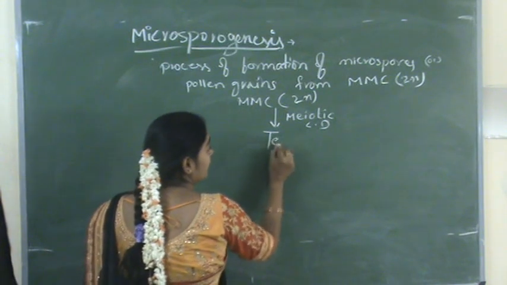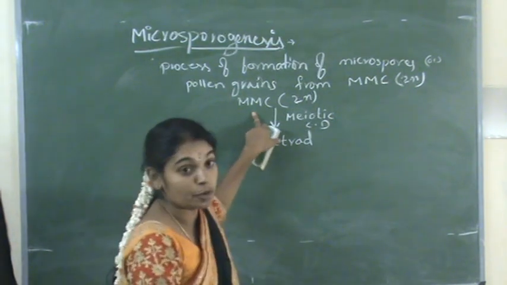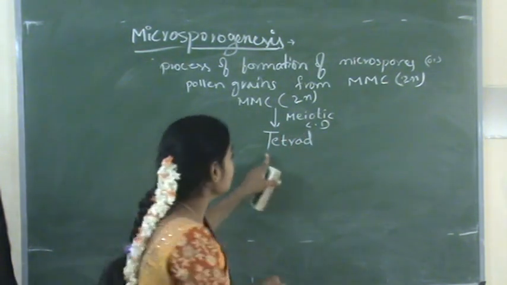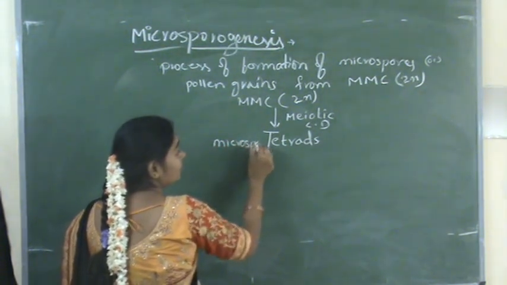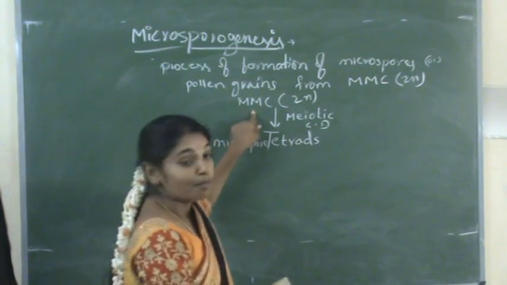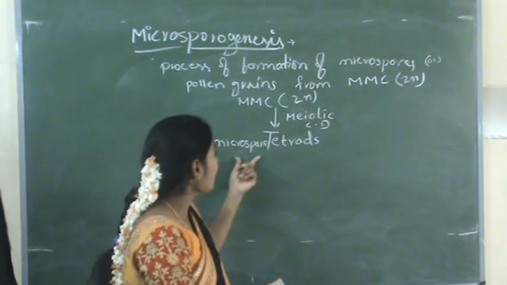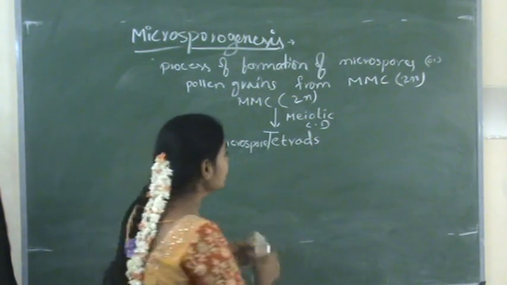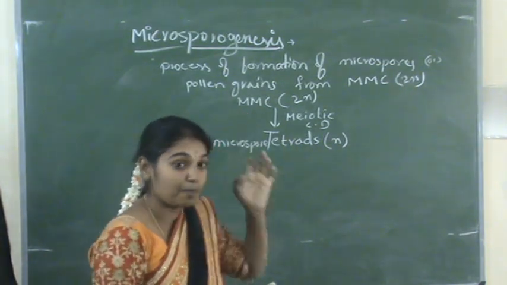That is called a tetrad. These are called microspore tetrads or pollen tetrads, and they are in haploid condition.